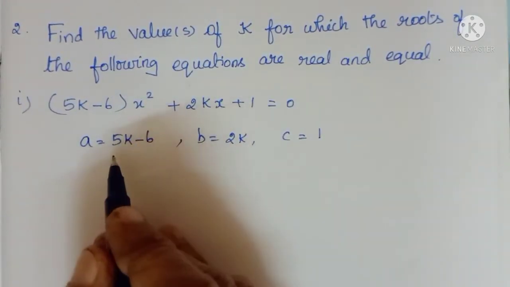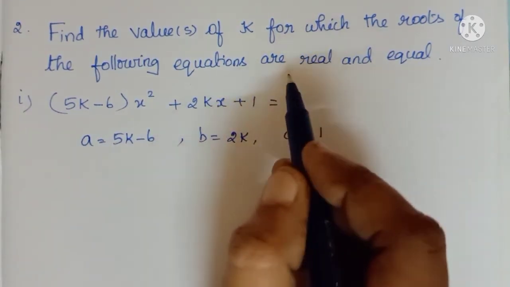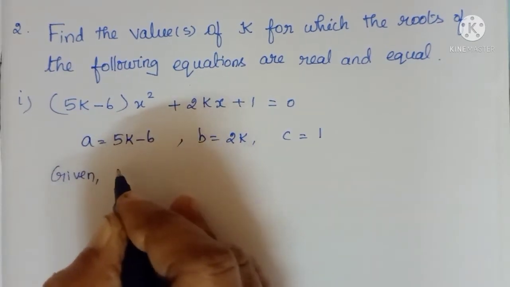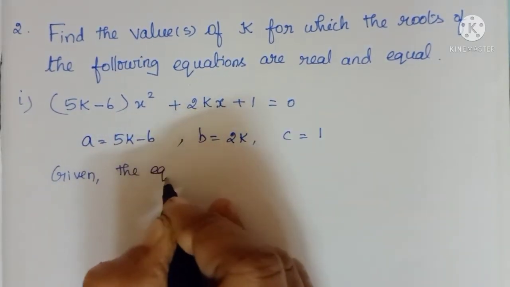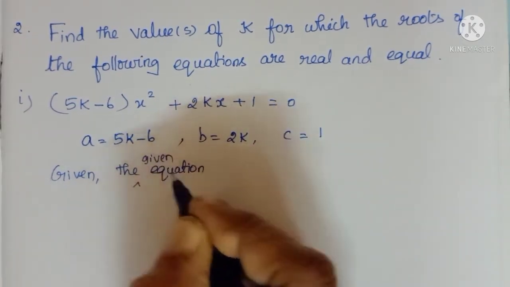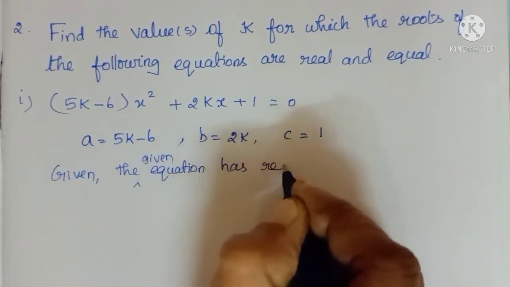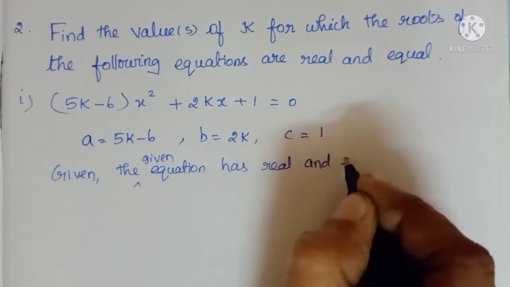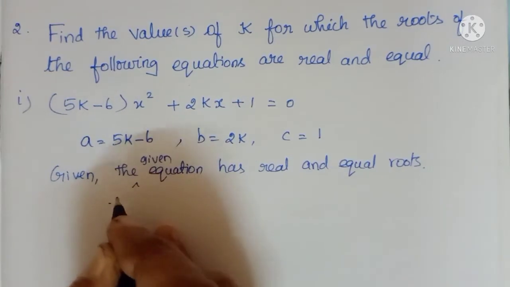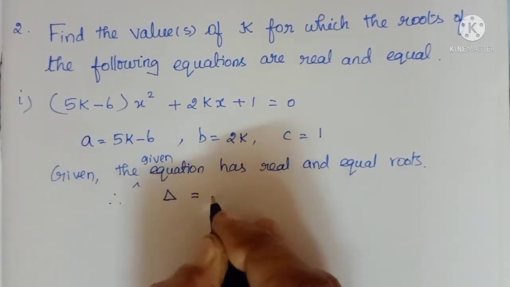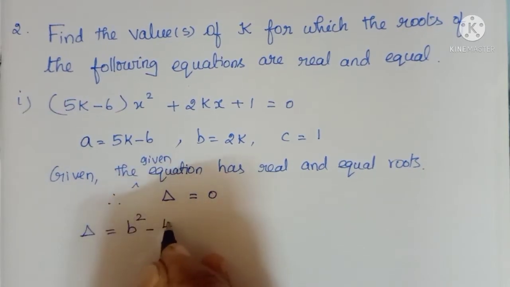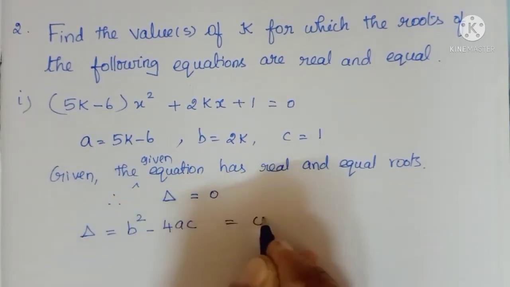So from the question we wrote the a, b and c values. And the condition is also given: the given equation has real and equal roots. That means what? Discriminant equal to 0. Okay. So discriminant equal to what? B squared minus 4ac. That is equal to 0.